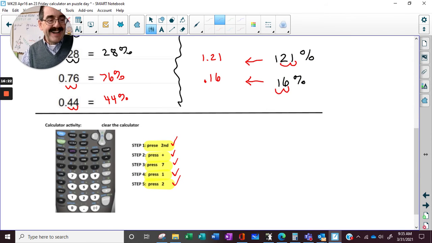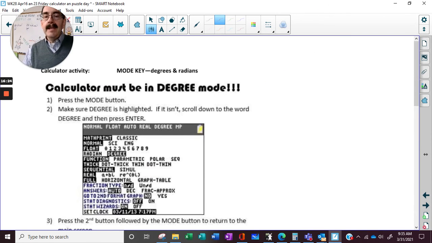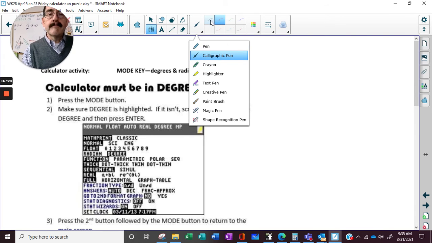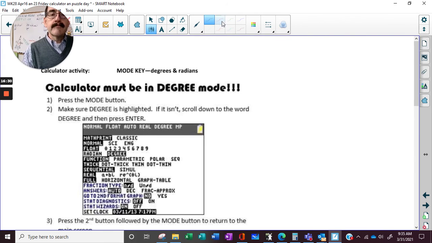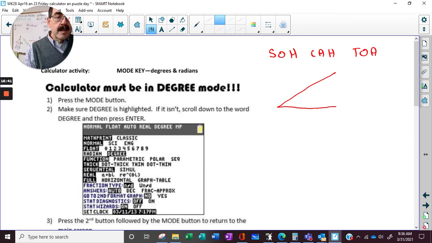But in SOHCAHTOA, in geometry, we're used to seeing triangles with degrees. 30 degrees, 60 degrees, 90 degrees.